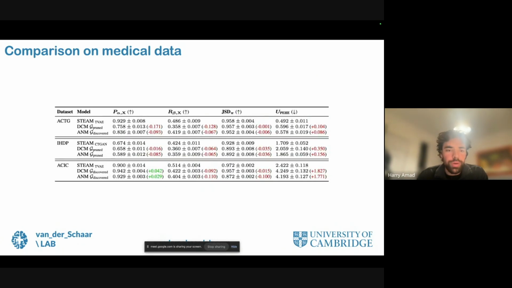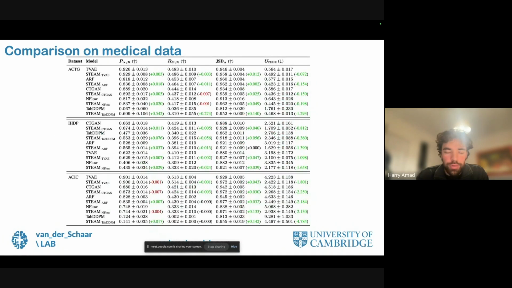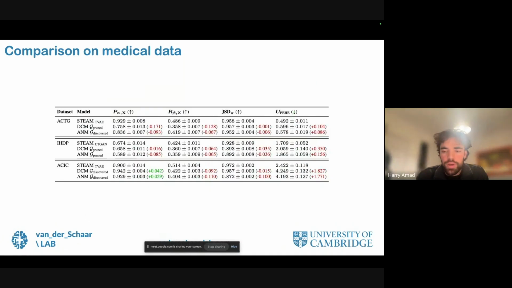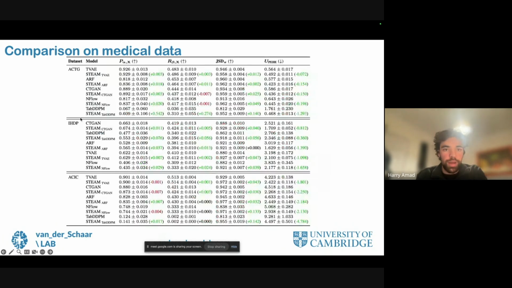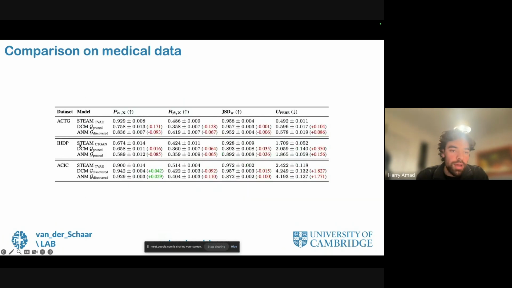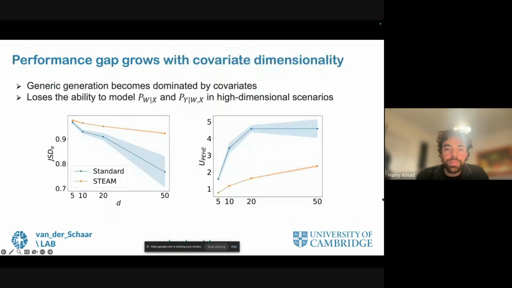This is also true when we compare to different causal generative models as well. So this was the generic generative models. This is causal generative models, where in this case, red is good for our method, where we compare the best STEAM models from the previous graph here to a number of different causal models, and we see that they perform worse in general than the STEAM models for the same sort of reasons.